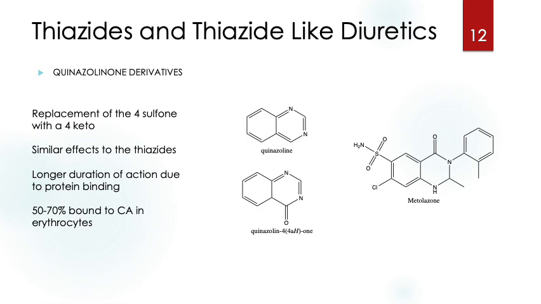One of the reasons why they have a long duration of action is because they are 50 to 70% bound to carbonic anhydrase in the erythrocytes. We've mentioned earlier that carbonic anhydrase was present and had other physiological relevance in other parts of the body. So 50 to 70% of these derivatives of metolazone are actually going to be bound to carbonic anhydrase in the erythrocytes.